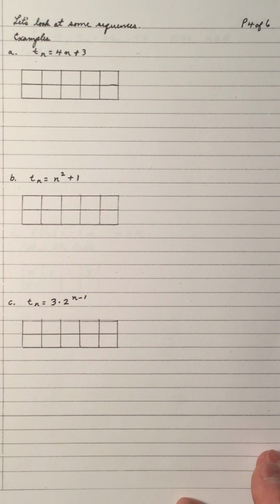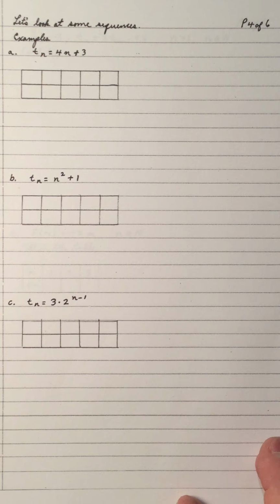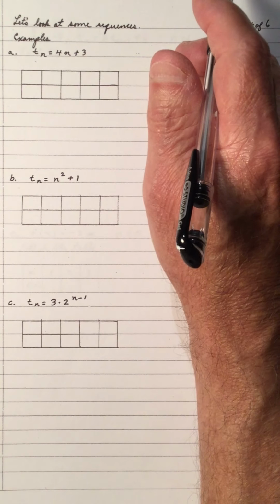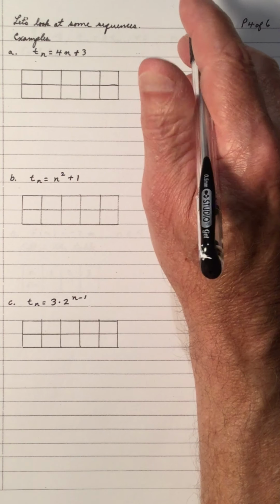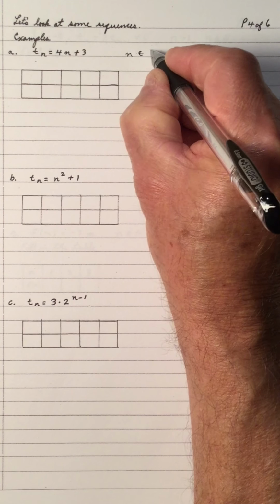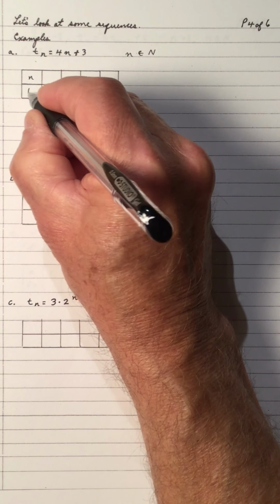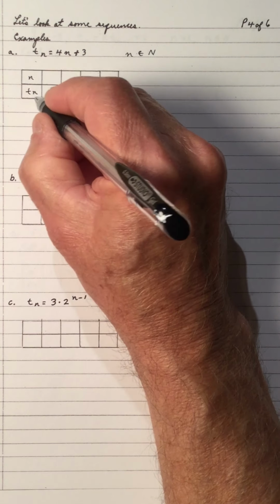Let's look at some sequences and fill out some examples, but this time we're looking at some equations. Sequences can be different. Notice that in a sequence, n belongs to the natural numbers. That's the domain. So this is n, and this is Tn, like an x and a y.